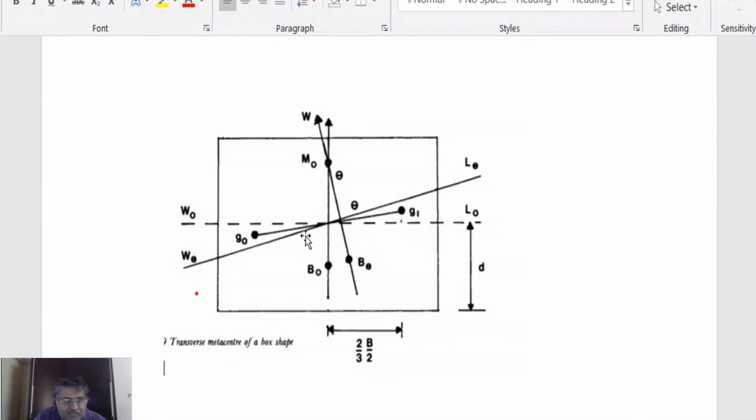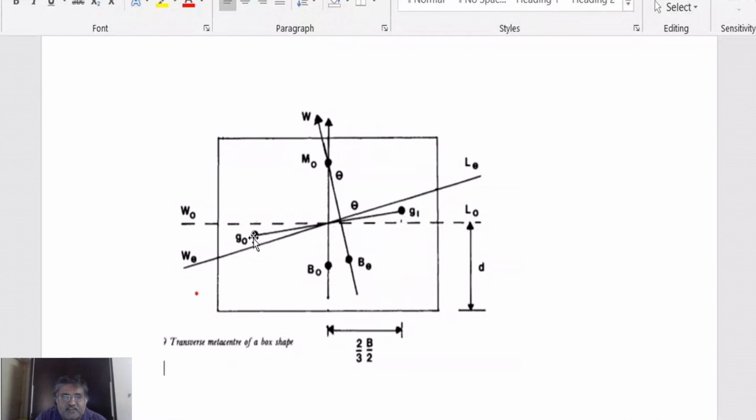What I'll just tell you is, you see a volume, small v, which is the volume of this wedge, basically the area of this triangle into this distance like this. That is the volume of the wedge, and that volume of the wedge has shifted to this side because it has emerged here and it has submerged here.